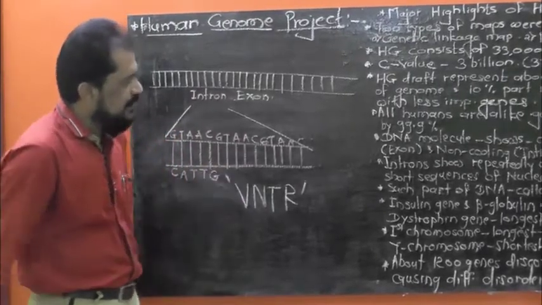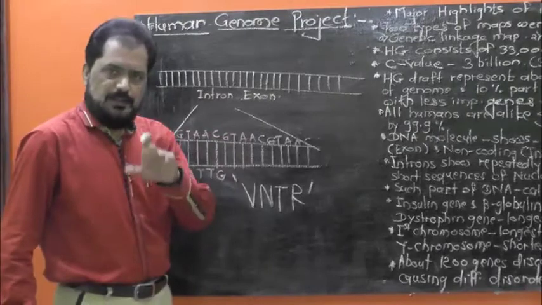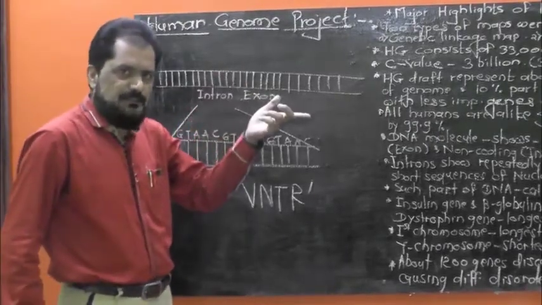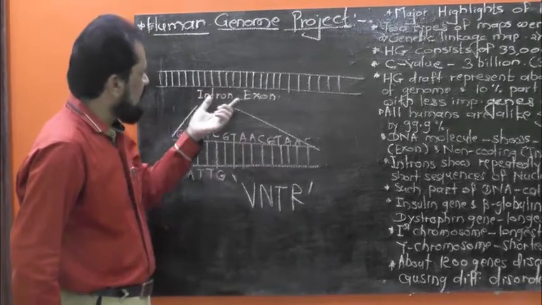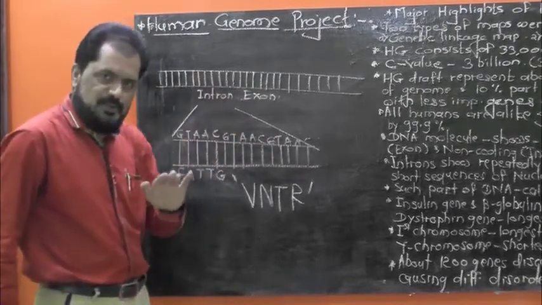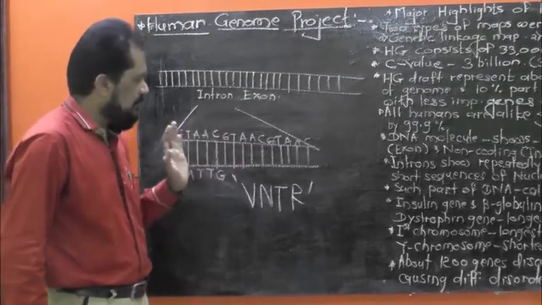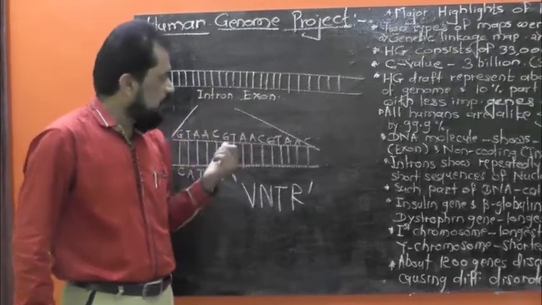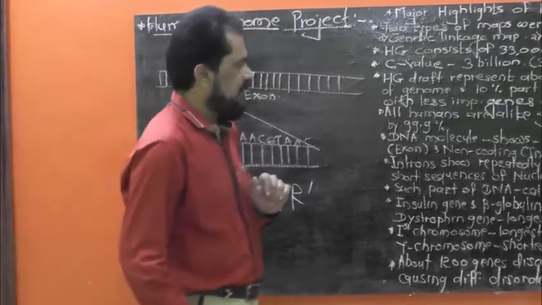So I said that the DNA molecule consists of coding sequences and non-coding sequences. Coding sequences are called exons, non-coding sequences are called introns, and the introns show VNTR, that is the repeatedly occurring short sequences of nucleotides.